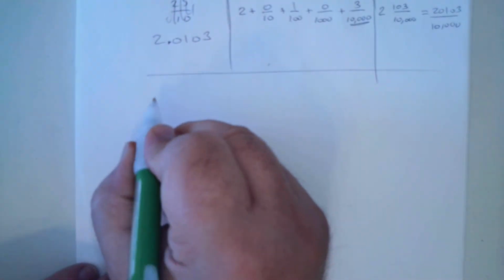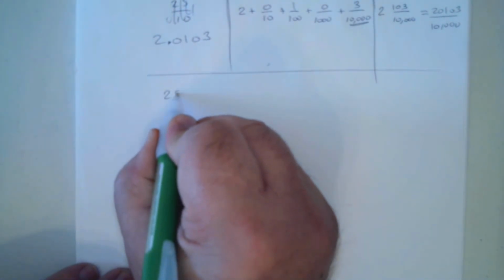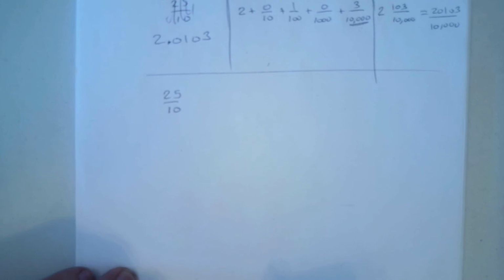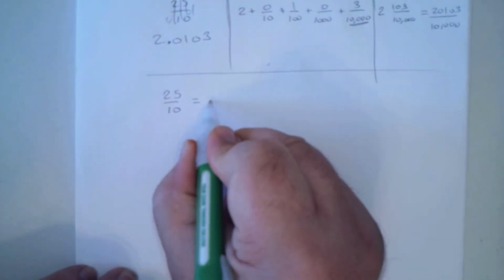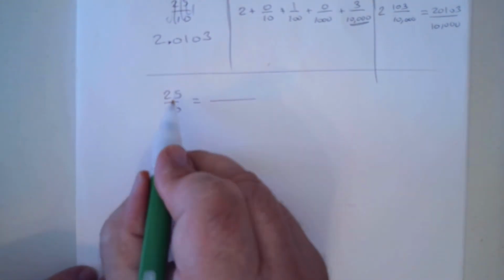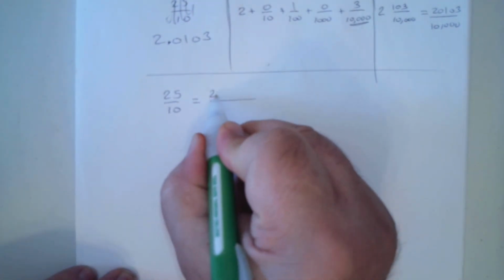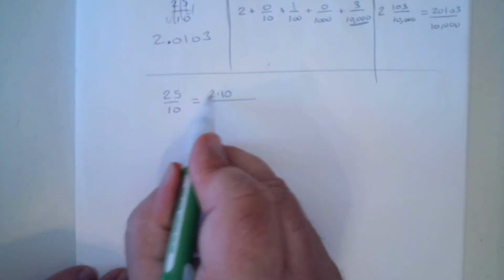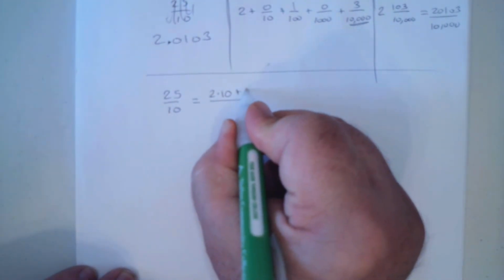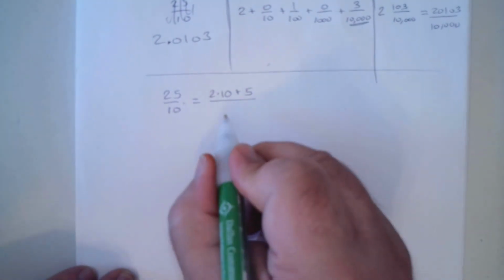Let's look at converting fractions into decimals. So 25 over 10 is 2 times the 10 plus the ones, all over 10.